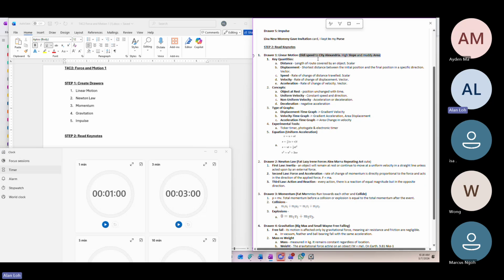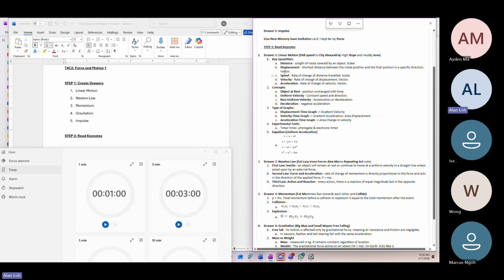So he's running, speeding to city of Alexandria. Alexandria is a city in Egypt. And along this journey is high slope and muddy area, right? So Titi speed to city of Alexandria.